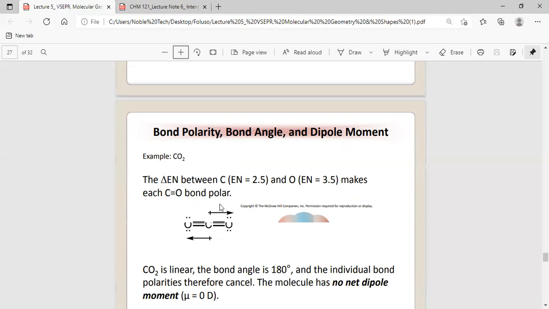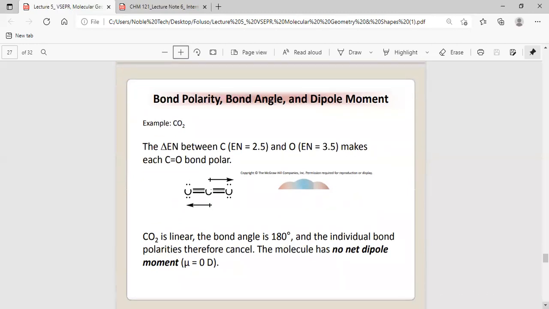In the case of CO2, carbon dioxide, I gave you an assignment on the Padlet, and I deliberately left this because I wanted to see something. If you look at this molecule, carbon dioxide is a linear molecule.